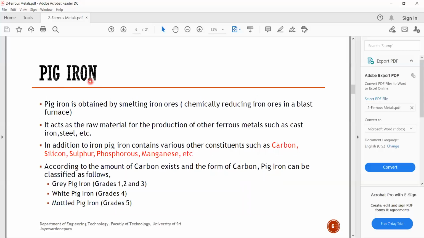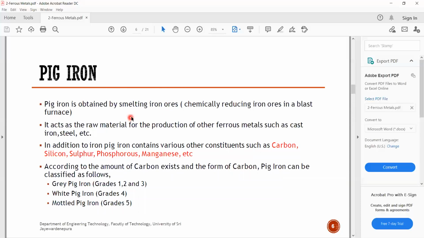So here, pig iron. Pig iron means, how can you obtain it? You have to smelt the iron ores, right? Because iron ore is the one available in the earth. So using this iron ore, you have to extract the pig iron from it.